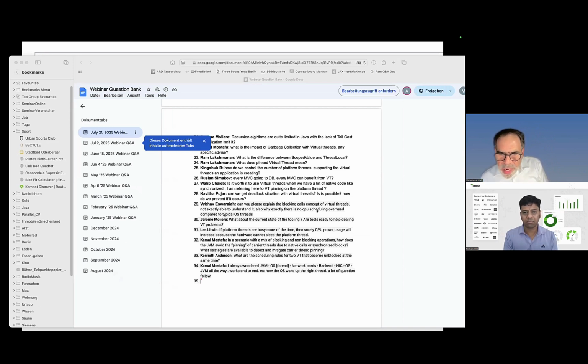And also, why is there now no CPU scheduling overhead? Okay, this answer is short. Scheduling between two virtual threads on one platform thread is a method call. No CPU action involved. It's realized within the Java virtual machine. Long story short, no CPU involved.